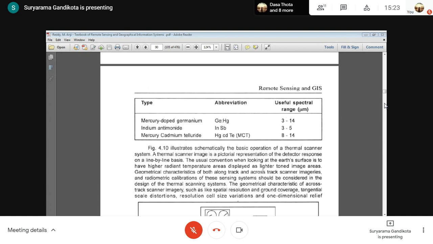The last one is mercury cadmium telluride, abbreviated as HgCdTe, MCT, which is useful in the spectral range of 8 to 14 micrometers. All these wavelengths will come under thermal radiation, thermal region. Okay?